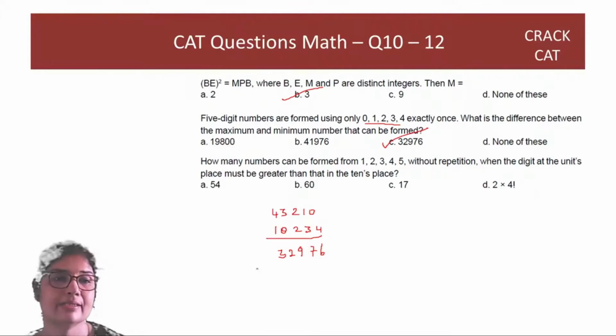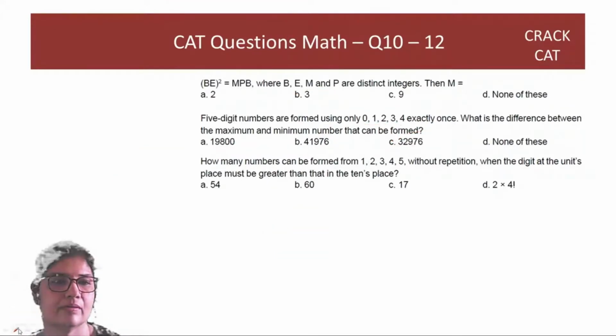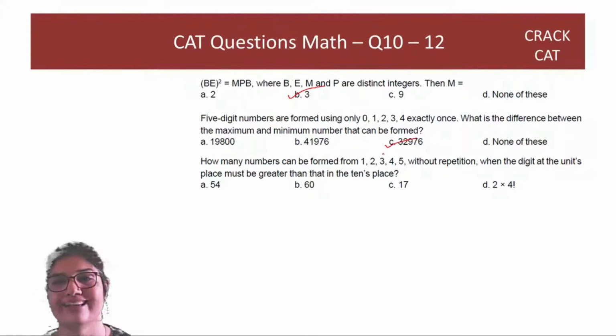How many numbers can be formed with 1, 2, 3, 4, 5 without repetition, where the digit in the units place is greater than that in the tens place?